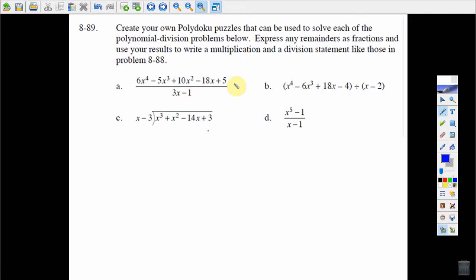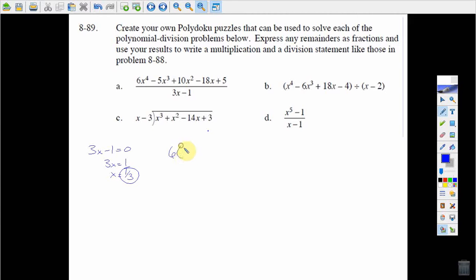Alright, so the first thing I'm going to do is test to see whether or not we're going to get a remainder for this. So I'm going to take my 3x minus 1, make it equal to 0, so that I have 3x equals 1, x equals 1/3, and I'm going to test to see whether 1/3 is a root by plugging that into my original equation.